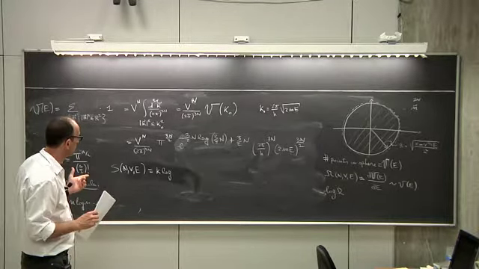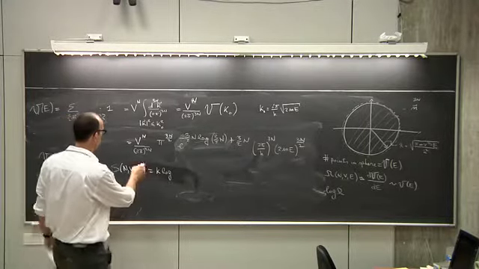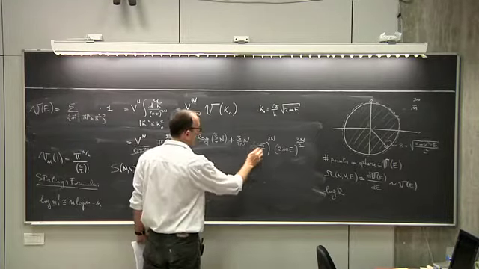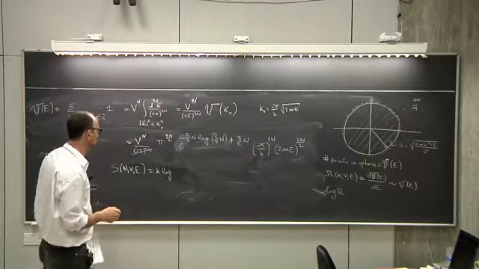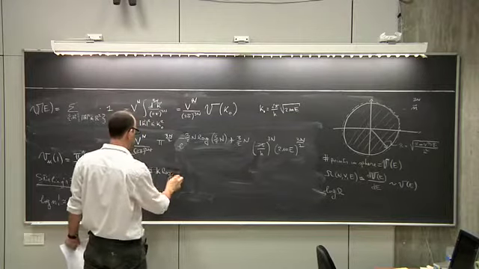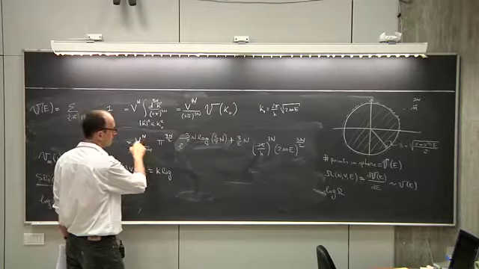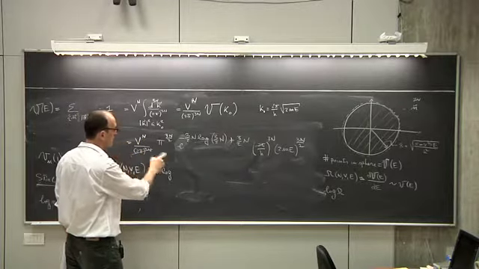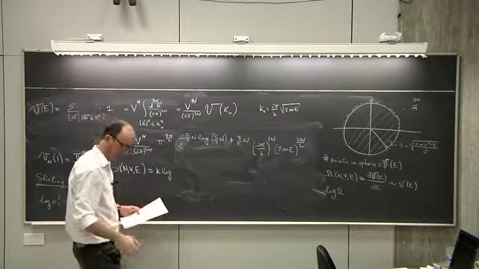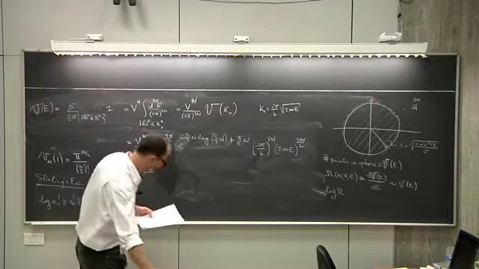So you see, there are some factors which cancel, for example this and this. Okay, so let me just write the final result because I want to discuss some consequences.